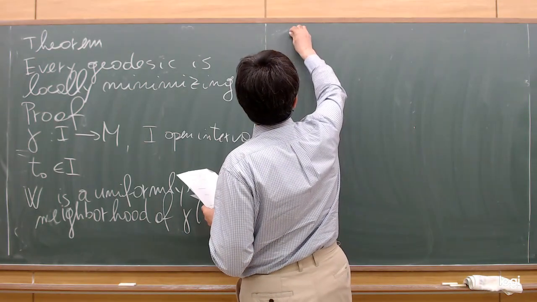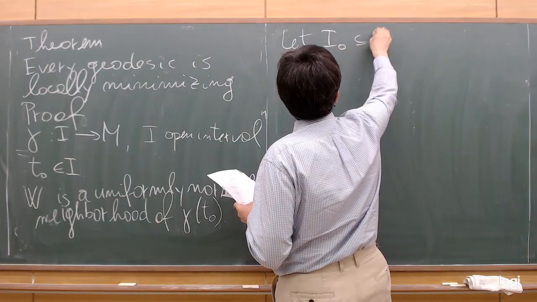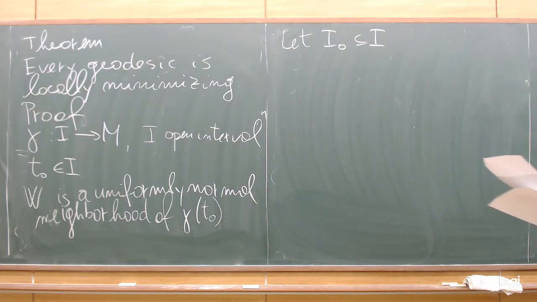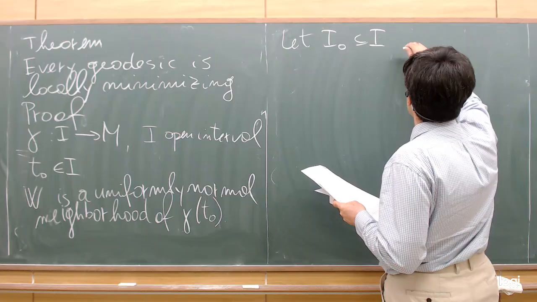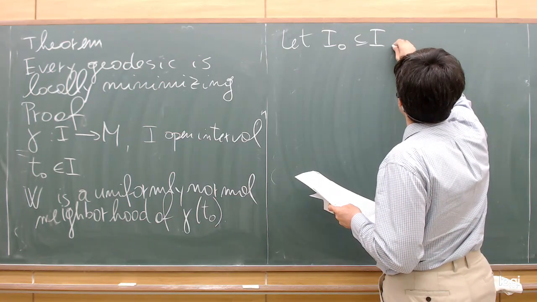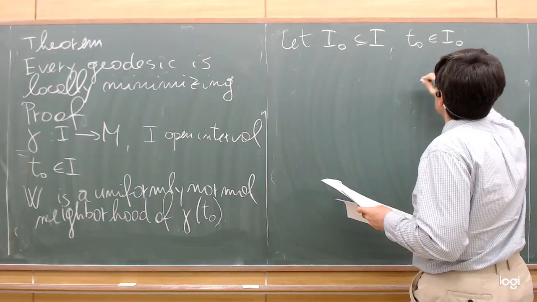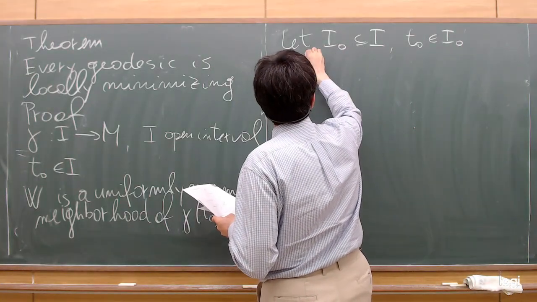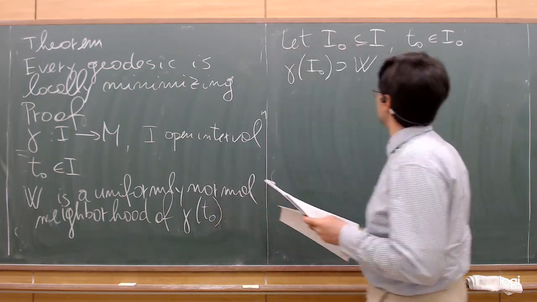And let I0 be the subset of I such that T0 belongs to I0, and gamma of I0 is contained in W.